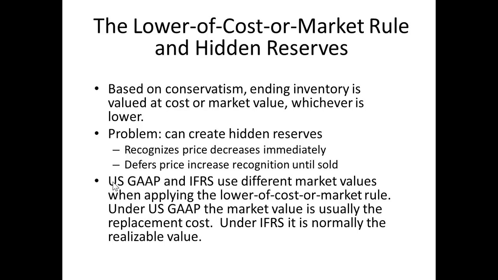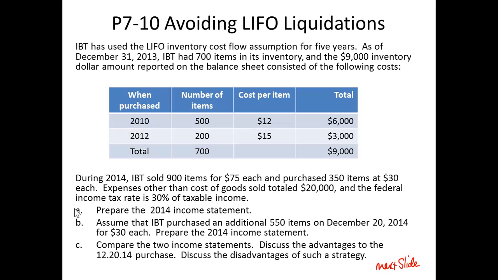Because you use LIFO, last in, first out, the ending inventory will be lower, not only because of the LIFO, but because of the lower of cost or market. And so when this happens, it's possible to think about what you want your net income to be.